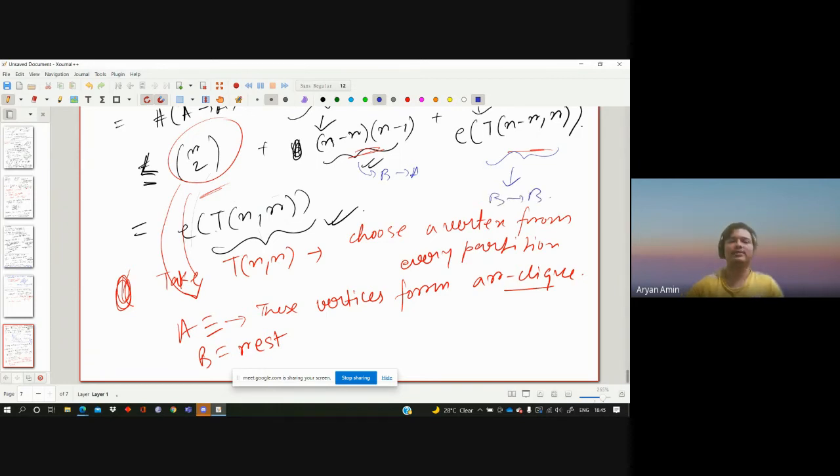So you can see that this equals the number of edges in t(n, r), right? Any questions regarding this? So this completes the proof, right? So this concludes. Any questions regarding this proof?